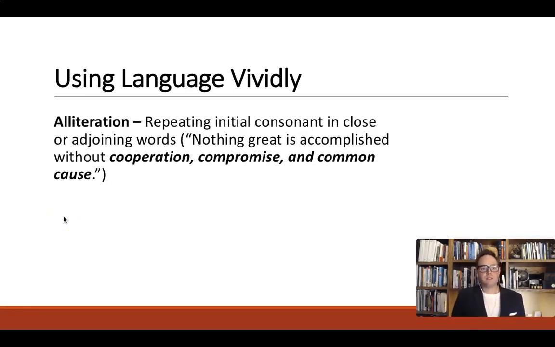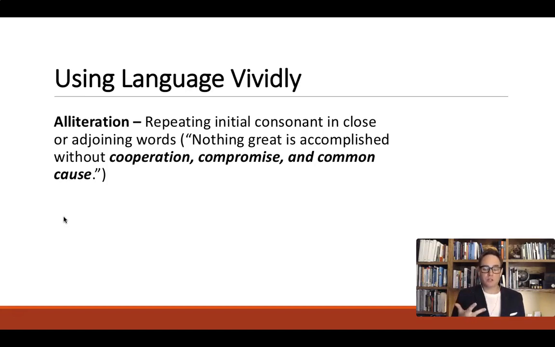Continuing on, we see alliteration. This is repeating initial consonants in close or joining words. So this is essentially using clumps of three words using the same first letter. So look at this statement. Nothing great is accomplished without cooperation, compromise, and common cause.